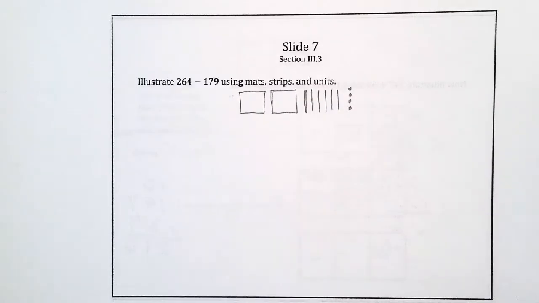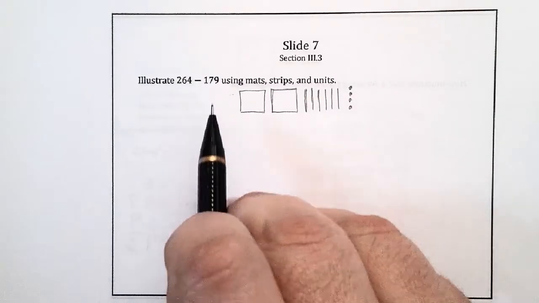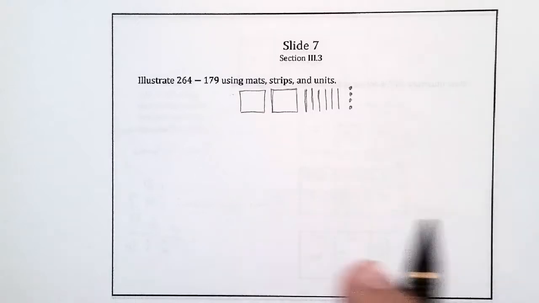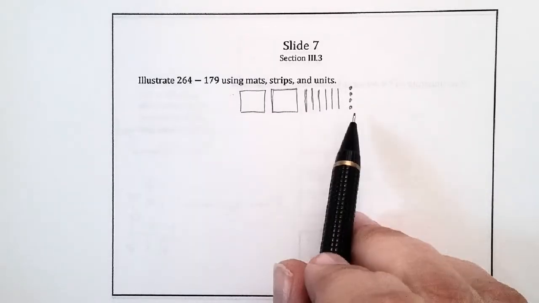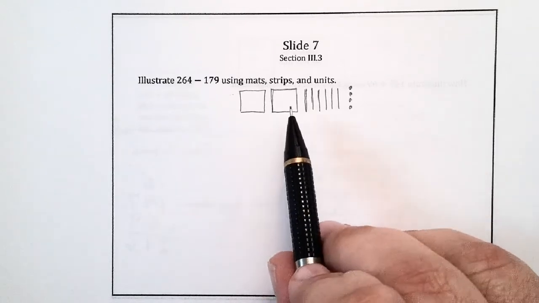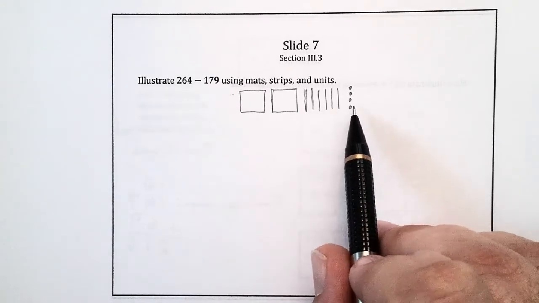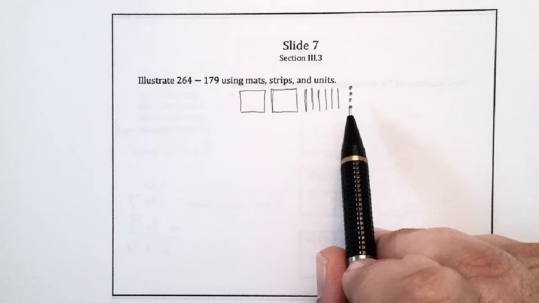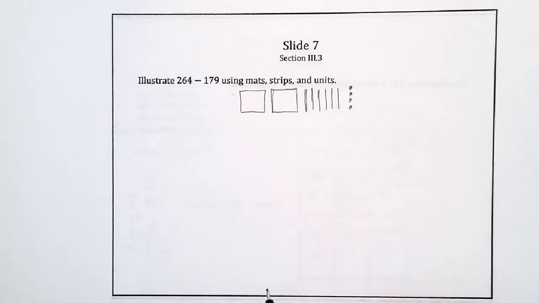And I start with just that. I do not illustrate 179. The idea is that the 179 is inside of here somewhere, and I want to be able to get it out. I want to be able to take away 1 mat, 7 strips, and 9 units, but I have a problem here because there's not enough units, there's not enough strips.